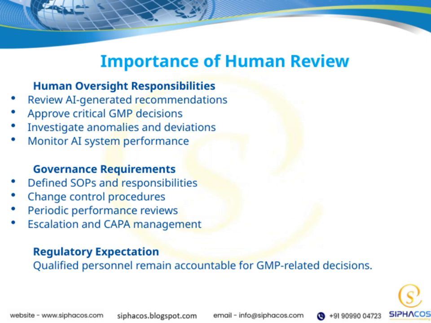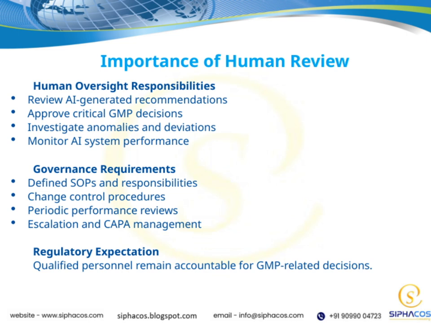We also need to investigate any anomalies or deviations that might arise, as humans bring context and judgment that AI alone can't provide. Monitoring the performance of AI systems regularly is another key responsibility, helping us identify areas for improvement and ensure ongoing reliability.